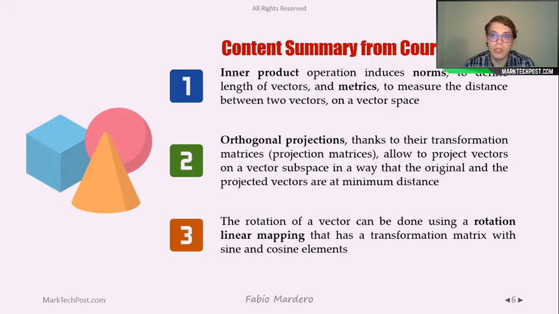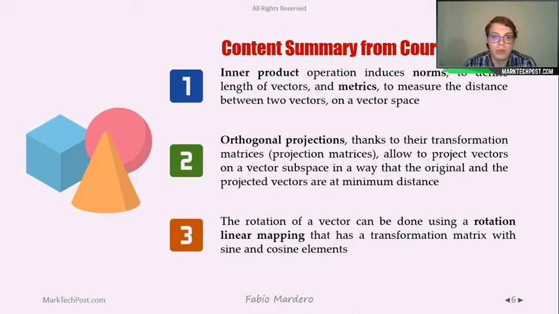In the second course, when we talked about analytic geometry, we defined the inner product, which is a general operation that induces norms, which are useful to define the length of vectors, and metrics, in order to measure the distance between two vectors.